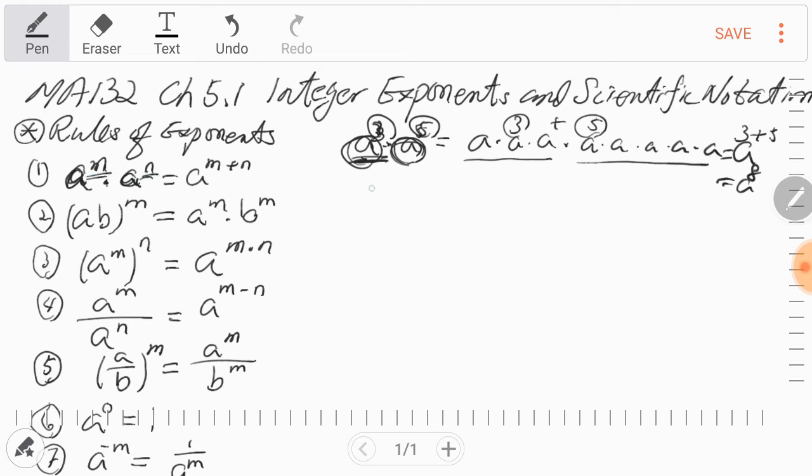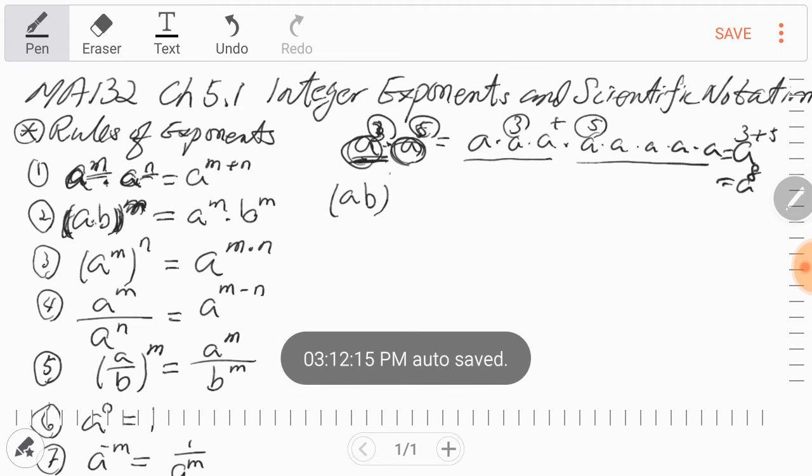Okay, number 2. The base is ab, a product of a and b, and this is raised to the mth power. Then we can separate each factor in the base with the same exponent. So here is an example. Let's say the product ab is raised to the third power.